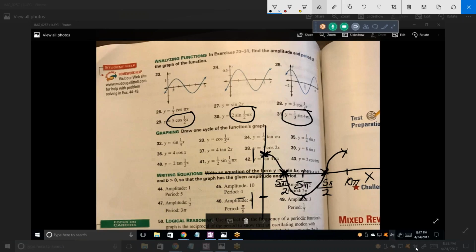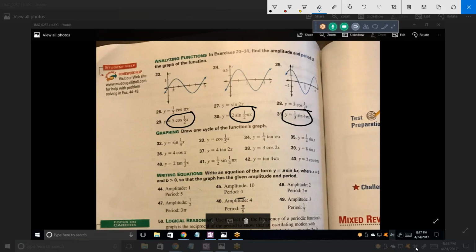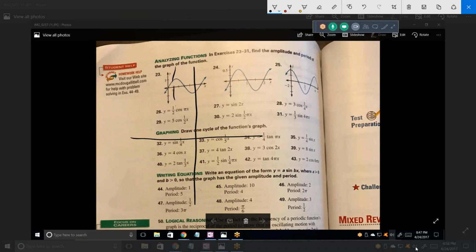All right, we've got 2 minutes. I'm going to do one tangent curve, number 34. First of all, I know that tangent has asymptotes that are symmetrical about the y-axis.